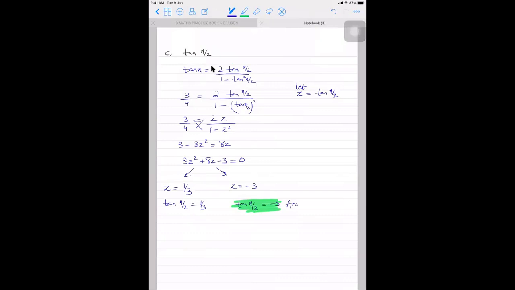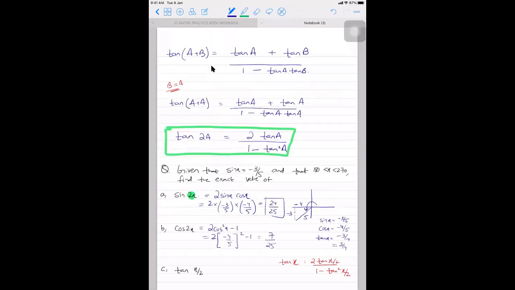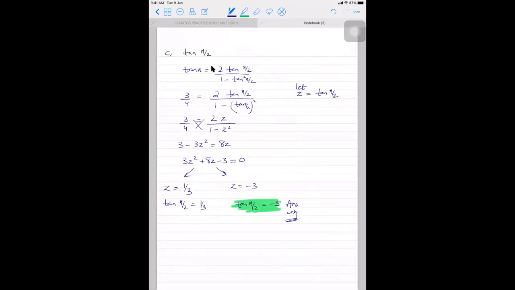Also, why not 1 over 3? Because the question says that angle x is greater than 180 and less than 270, so it is in the third quadrant.